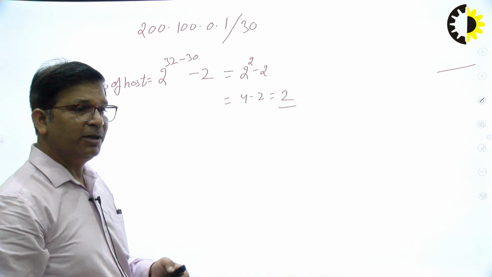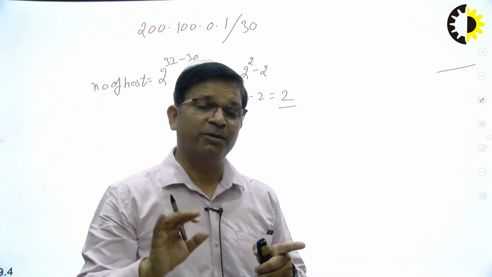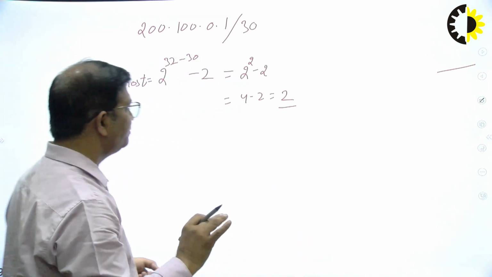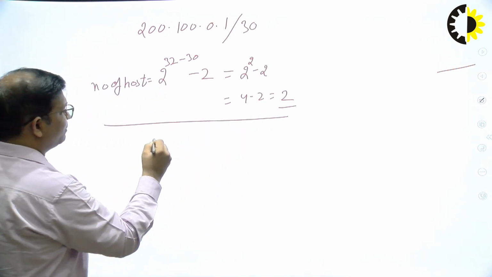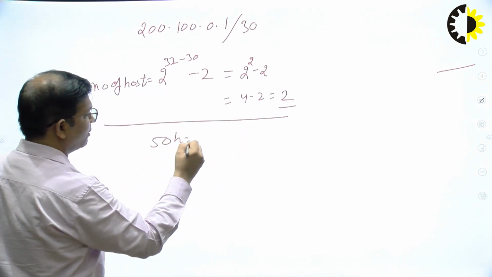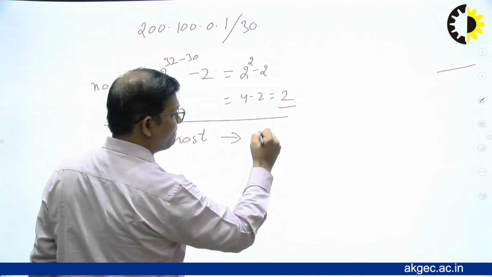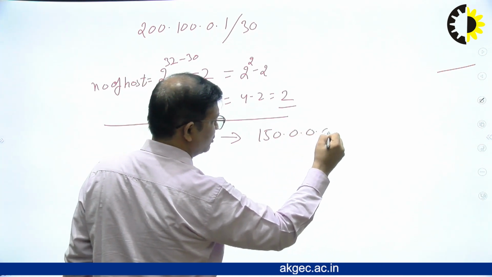It means if we have only 2 hosts in a network, the rest of the IP addresses we can use for further use. Like, for example, take another example. If we have to add 50 hosts, the given IP address range is suppose 150.0.0.0.